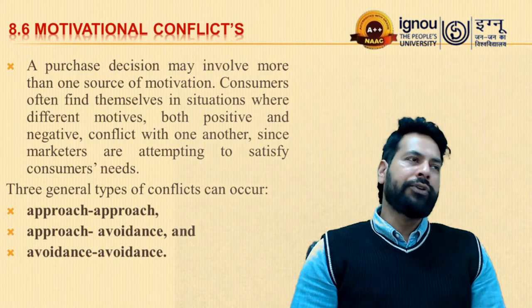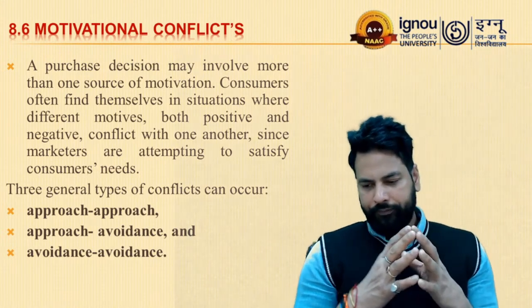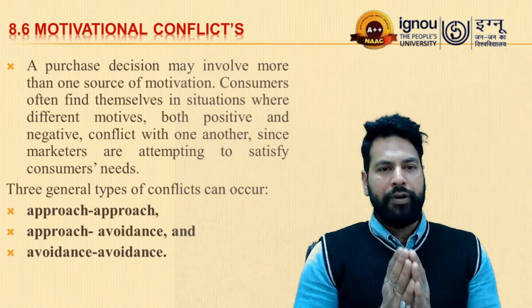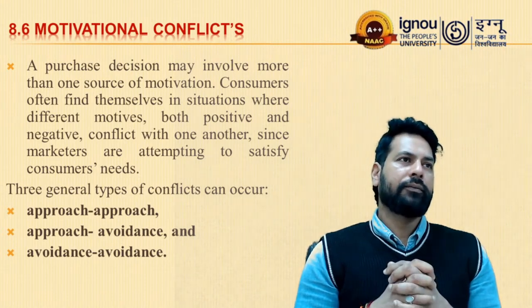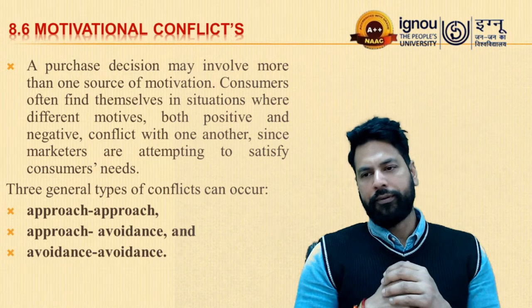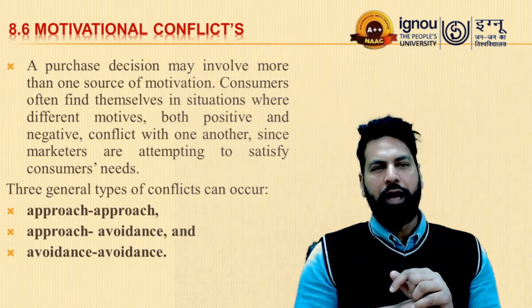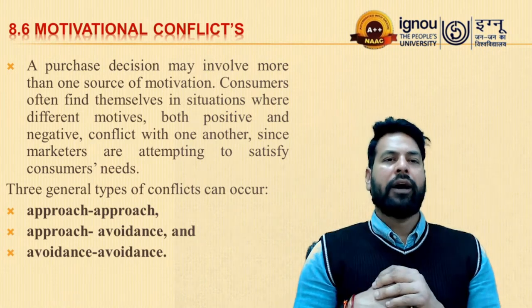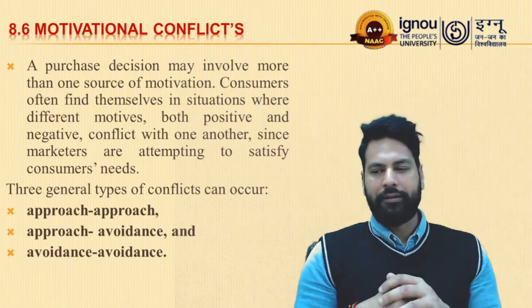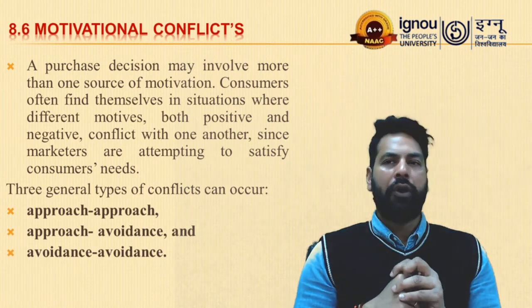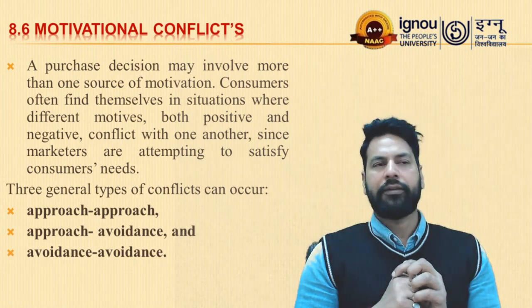So if you want to buy something and you are motivated with that, you should be very, very careful. The way we should approach, and you should seek out your motivational factor. If the motivation is not very positive, I should be avoiding it.